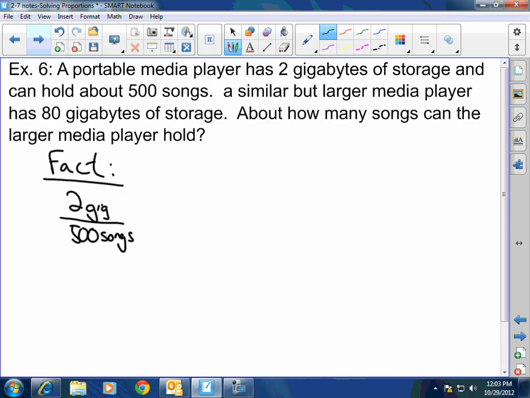Does everyone see how and why that's the fact? Now I got to go unit to unit. So tell me, what do I plug in here? 80 gigs, very good. Unit to unit over X songs. Unit to unit.